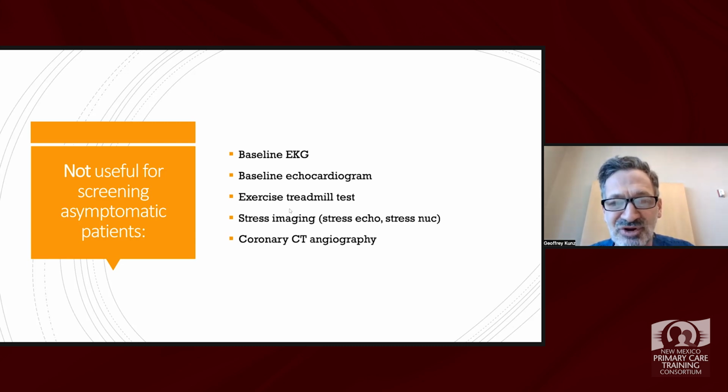And when you're going down this road of non-invasive testing for ischemia, if you're trying to detect silent asymptomatic ischemia with the idea that a procedure or a device is going to improve the patient's health, you're going down the wrong path. And the same thing with coronary CT angiography. In an asymptomatic patient, that's often misleading.